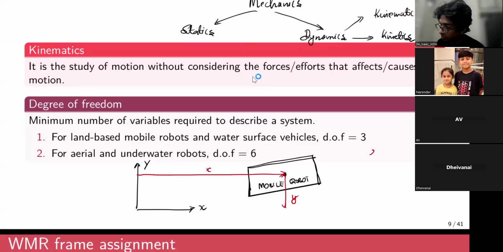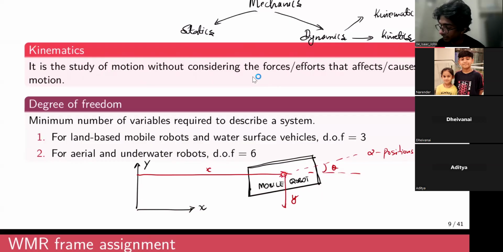So you require 2 positions, which are the x and y coordinates. And you require one more coordinate. I'll call that theta to describe its orientation. Right? So this theta is referred with respect to this horizontal x-axis.